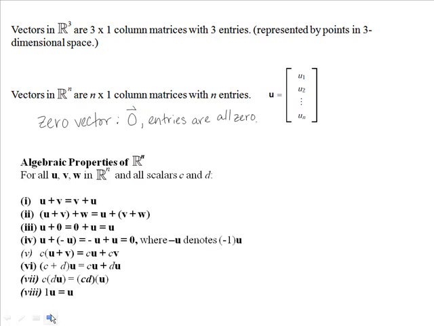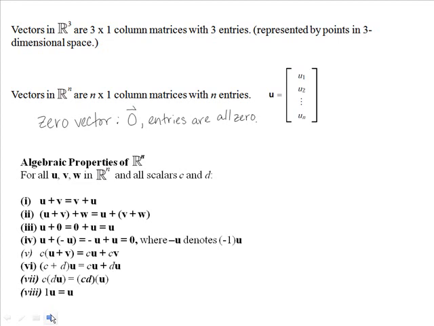So here are a few algebraic properties of Rn. For all vectors u, v, and w in Rn, and all scalars c and d, we have the following properties. u plus v equals v plus u. So we can change the order of addition, and it doesn't affect it. And then we can change the grouping.